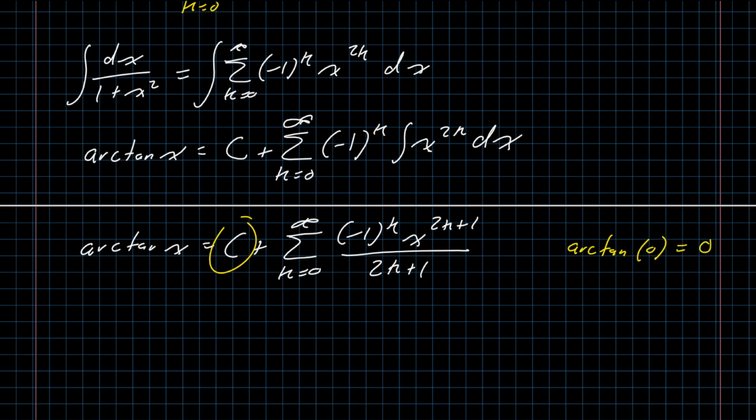To get there, I can just remind myself that the arctangent of 0 is equal to 0. If I plug x equals 0 into this summation, that all goes to 0, leaving me just with c. So I guess that c must be equal to 0.